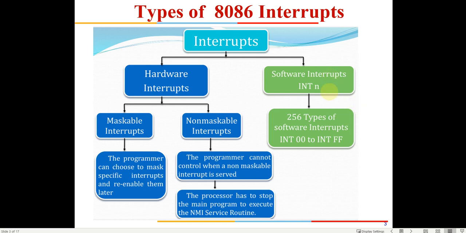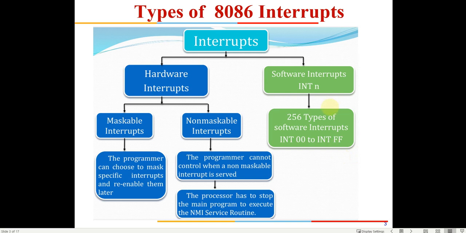From 5 to 31 also, most processors are pre-programmed by the manufacturer, whoever is making the motherboard, so that is also fixed. And then from 32 to 255, you can program what kind of interrupt you want.